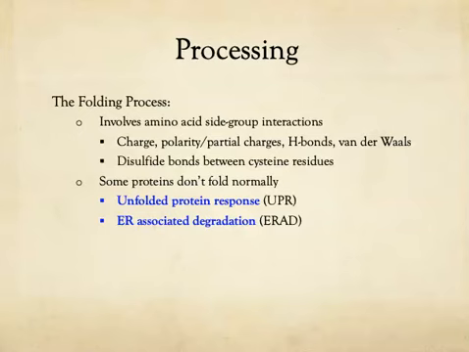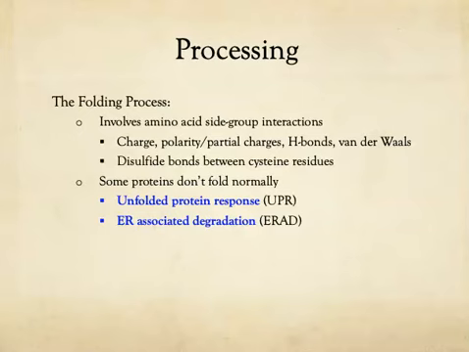The molecular chaperone proteins are going to bind to polypeptides so that the folding is carefully monitored and only allowed to occur in one particular way, producing that one three-dimensional shape that that particular protein needs to be in.